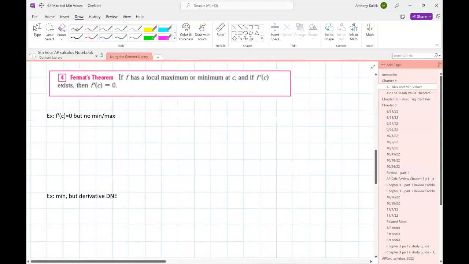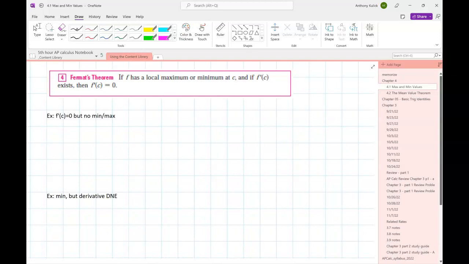All right. Next up is called Fermat's theorem. If f has a local minimum or local maximum at C, and if f prime of C exists, then f prime of C is equal to 0.